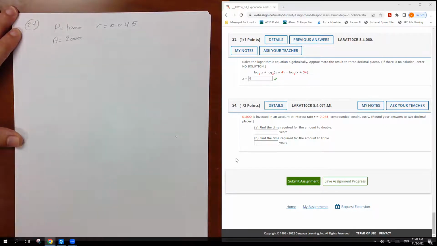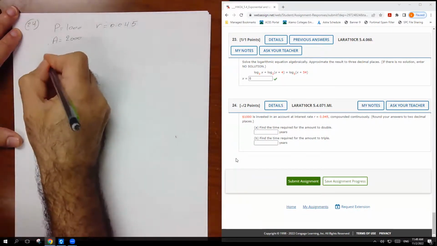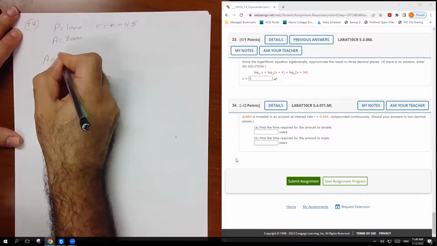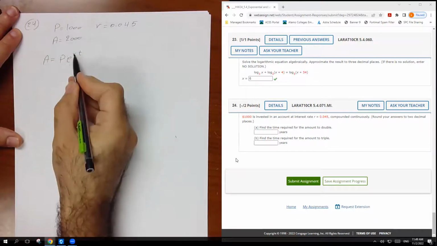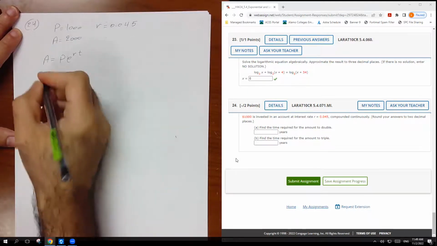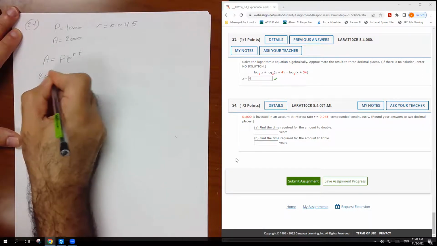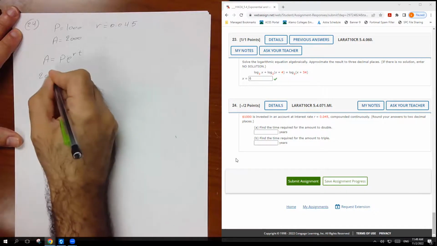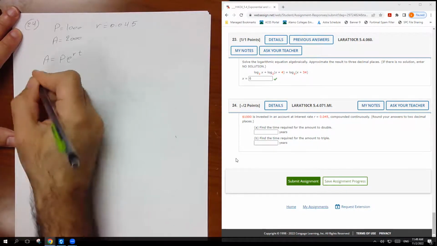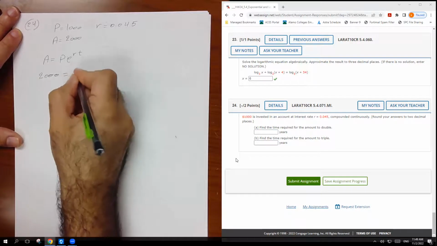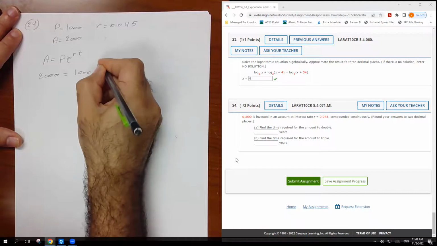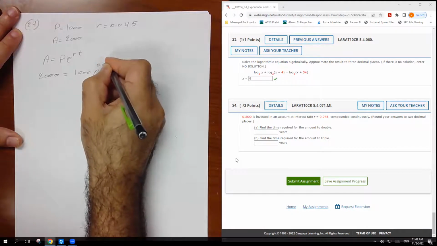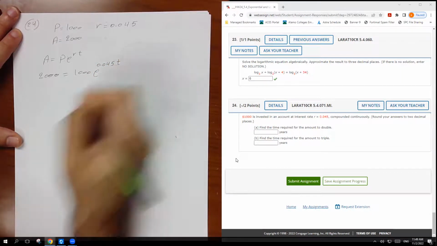So in this case, to find the time, compounded continuously, that means we're going to use the formula A equals Pe^(rt). We have now everything. We need to find the time. So it's going to be 2,000 equals 1,000 e, the rate is 0.045 t.